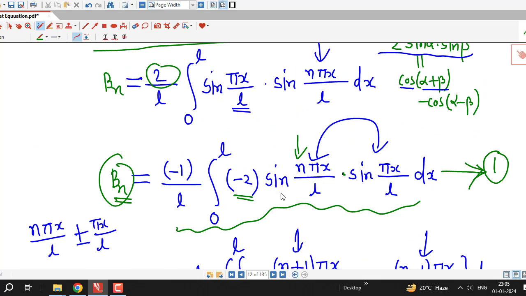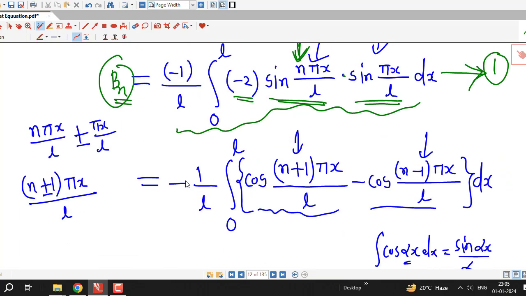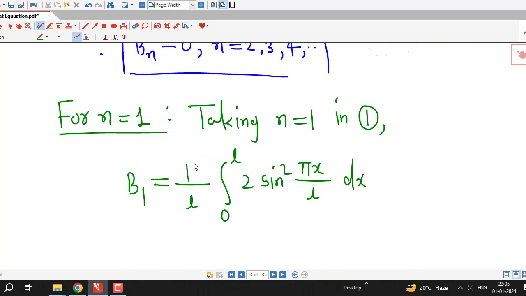So I am using this equation. Here I take n equal to 1, so this becomes sine πx/L multiplied with sine πx/L, that is sine square πx/L, and I am writing minus 1 into minus 2 equal to 2, and 1 by L in the product.